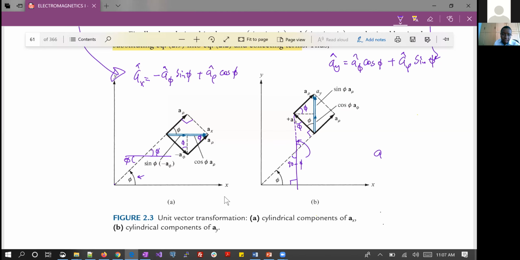The unit vector that is described by the radius is going to be described by a_rho. So of course a_rho is going to be the radial direction, moving outward from the center of the cylinder. And the angle phi, which is going to be described by unit vector a_phi, is tangential to the surface of the cylinder.